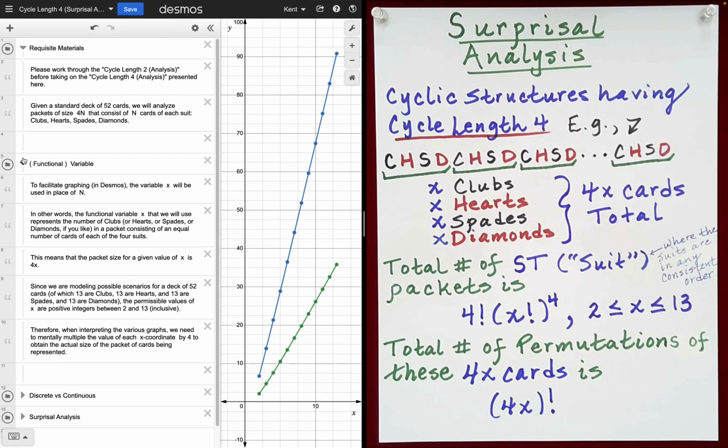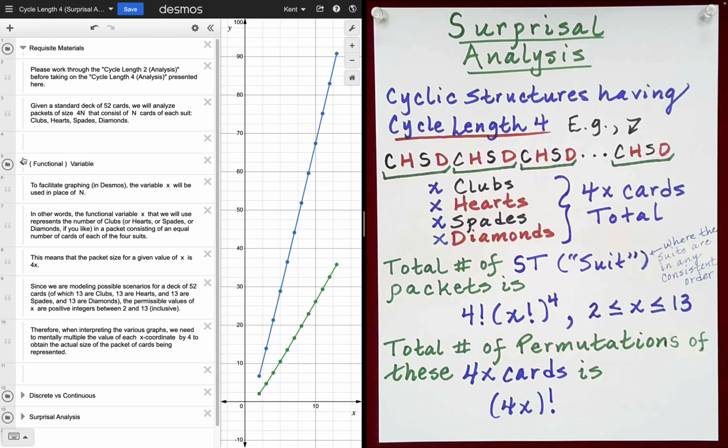Since we are modeling possible scenarios for a deck of 52 cards, of which 13 are clubs, 13 are hearts, 13 are spades, and 13 are diamonds, the permissible values of x are positive integers between 2 and 13 inclusive.